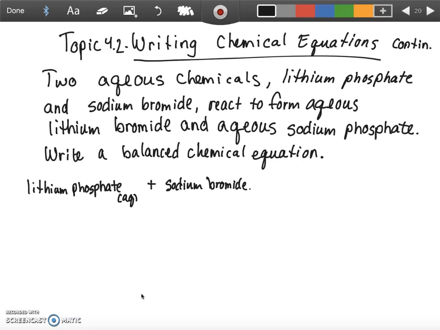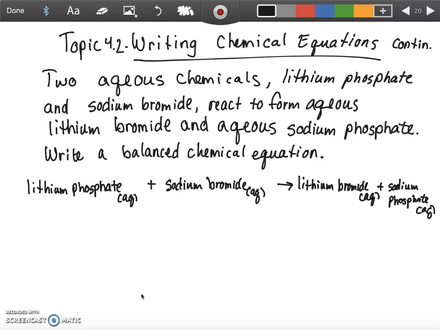Said this one was also aqueous, and it's going to form lithium bromide. So it was aqueous, and then finally sodium phosphate. So it was also aqueous. Okay.